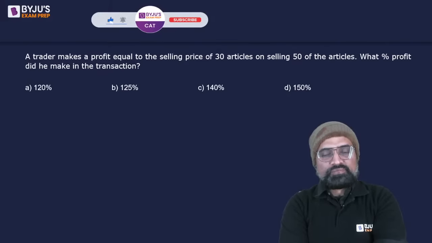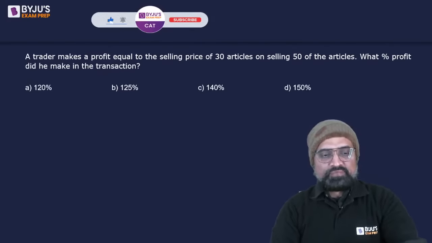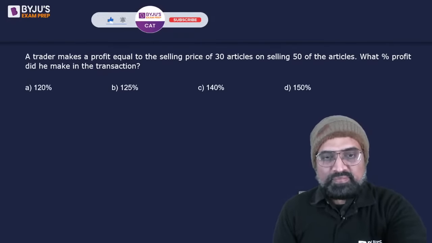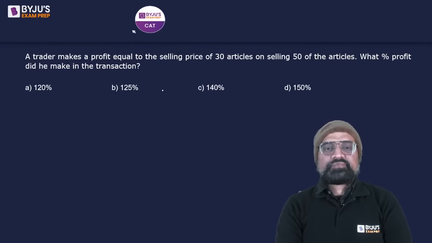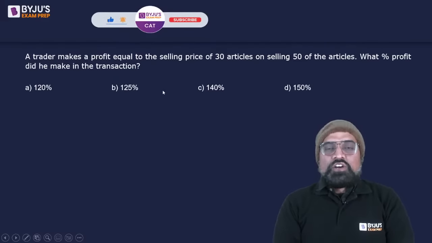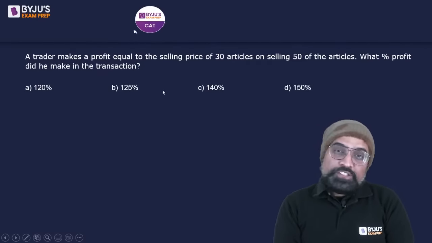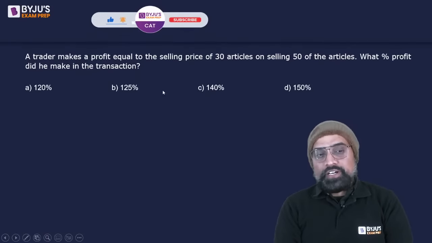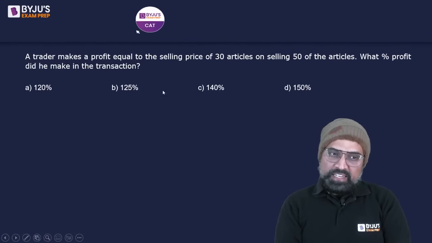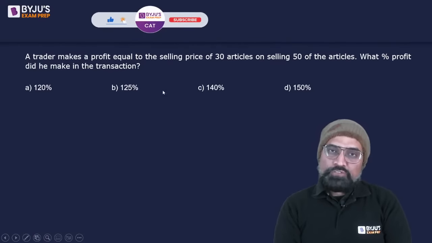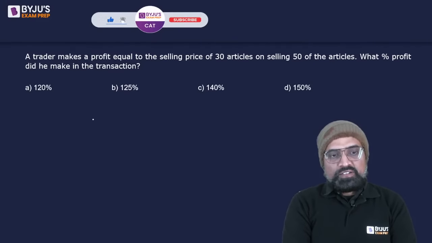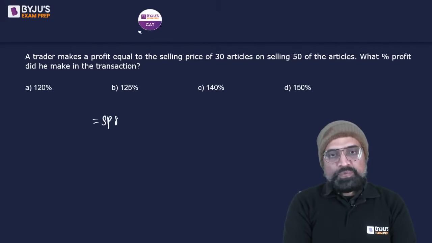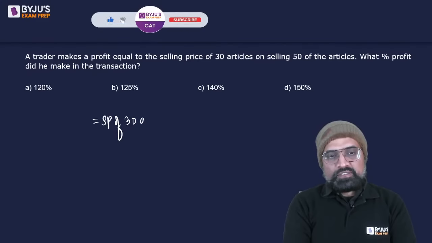What about the rest of you? So what you have to do is read the first statement very carefully and decode it. So the statement says a trader makes a profit equal to the selling price of 30 articles. Equal to selling price of 30 articles.